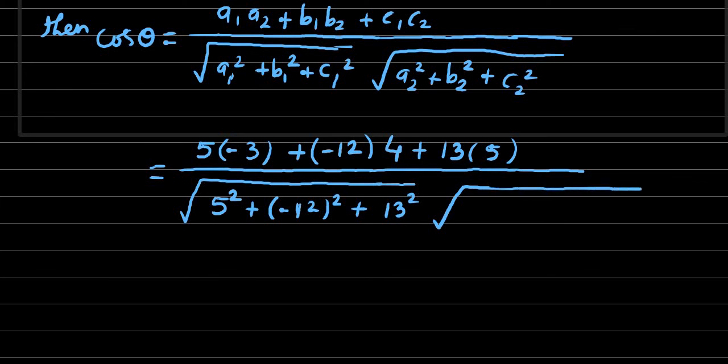And in the second square root, we write the values of A2 square plus B2 square plus C2 square: minus 3 whole square, plus 4 square, and finally plus 5 square. Now simplify this one.